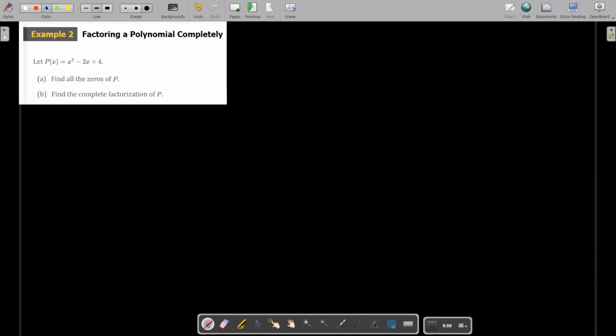We're going to do the same procedure we did before, but we're going to put it in yellow this time. Do you think white over yellow is okay? We're going to say the factors of 4 over the factors of 1. Yeah, white over yellow is okay.